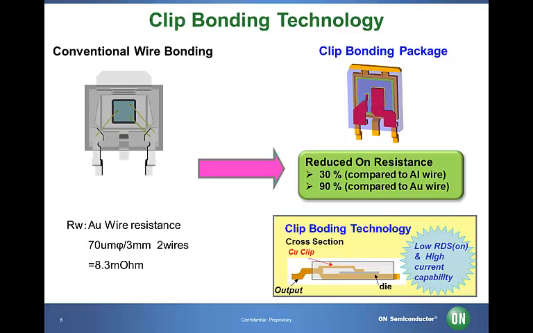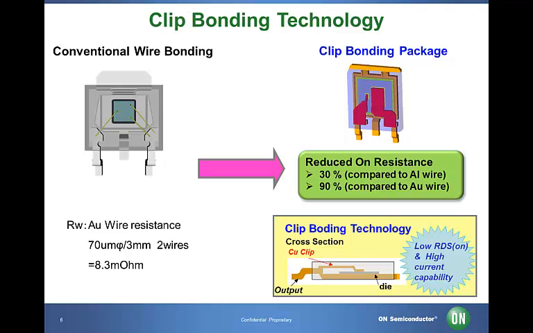However, since each wire is relatively thin, it is difficult to allow higher load currents without excess losses. We've successfully reduced the on resistance and realized better thermal conduction by connecting each electrode directly with a copper clip, overcoming the above stated disadvantages.